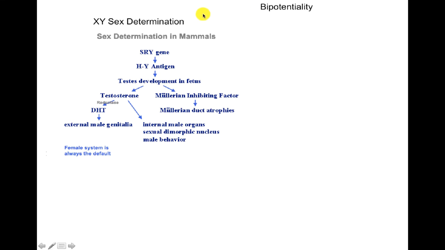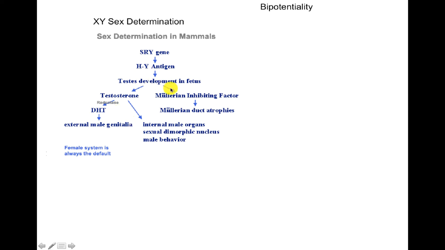If we take a look at sex determination, we can see again the SRY gene being a factor. Why? Because this SRY gene contains an HY antigen that sends a signal to the testes that are going to develop in the fetus. The testes will start to produce testosterone, and that leads to the development of external male genitalia.